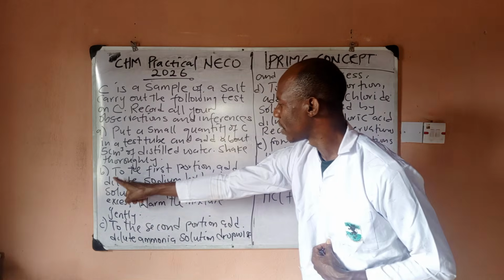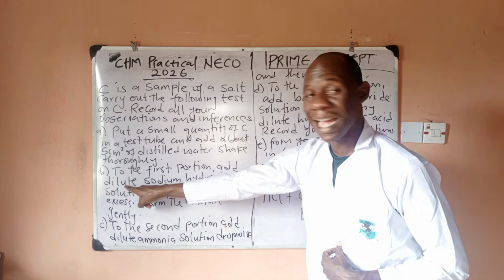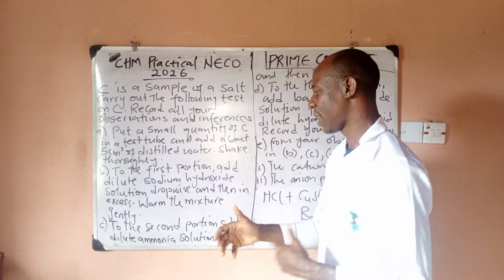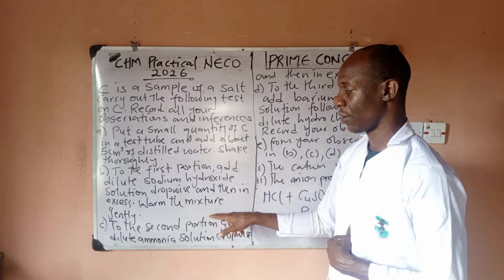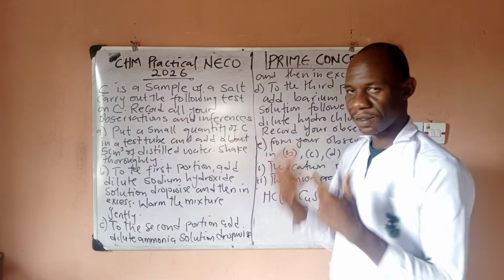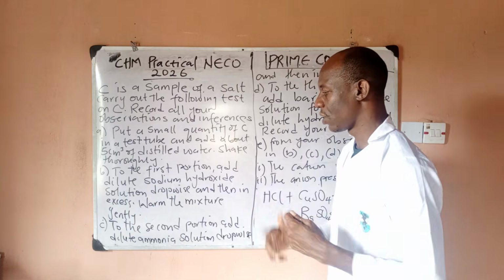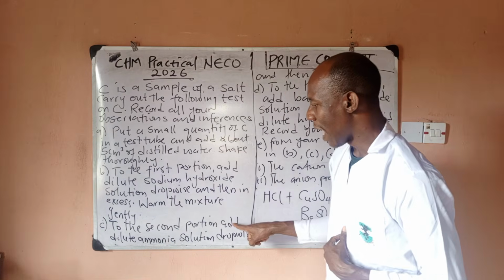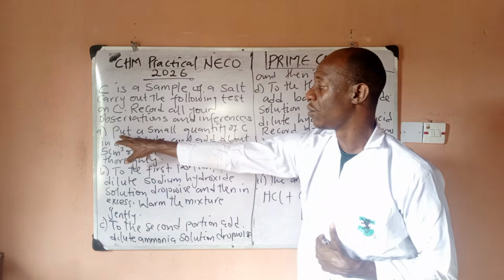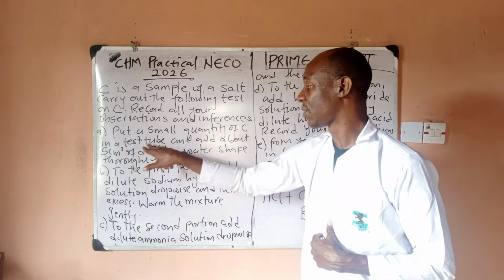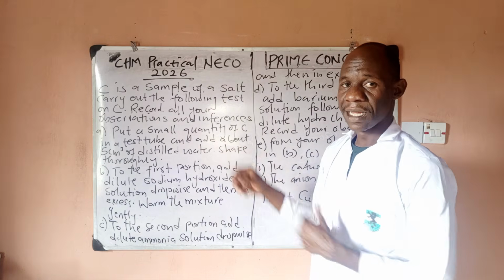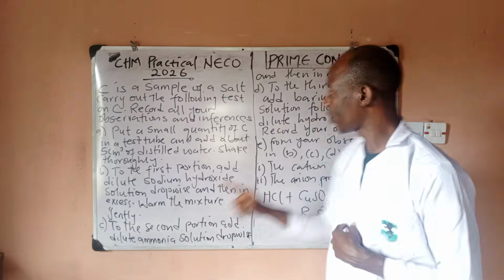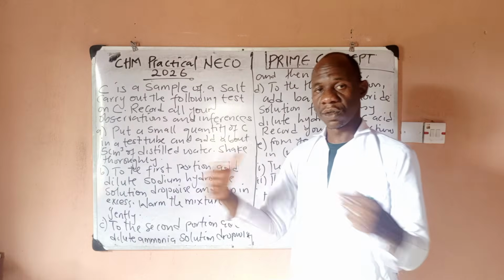For part B, they said to the first portion, add dilute sodium hydroxide solution dropwise, and then in excess, and observe what happens. Then warm the mixture gently and observe what happens again. Record your observation and then the inference or deduction. Remember, when you put a small quantity of C in a test tube and add distilled water, you're going to share it into 3 different portions: the first portion, the second portion, and the third portion, in 3 different test tubes.